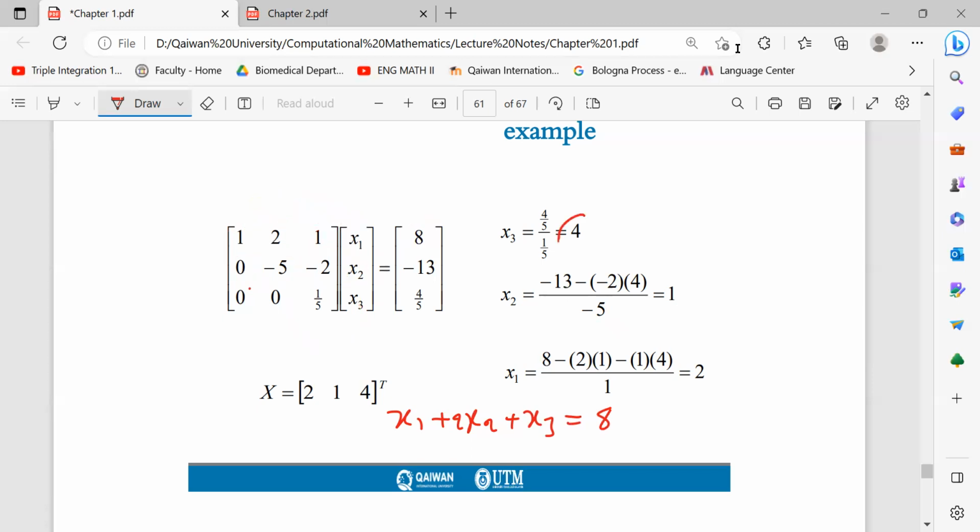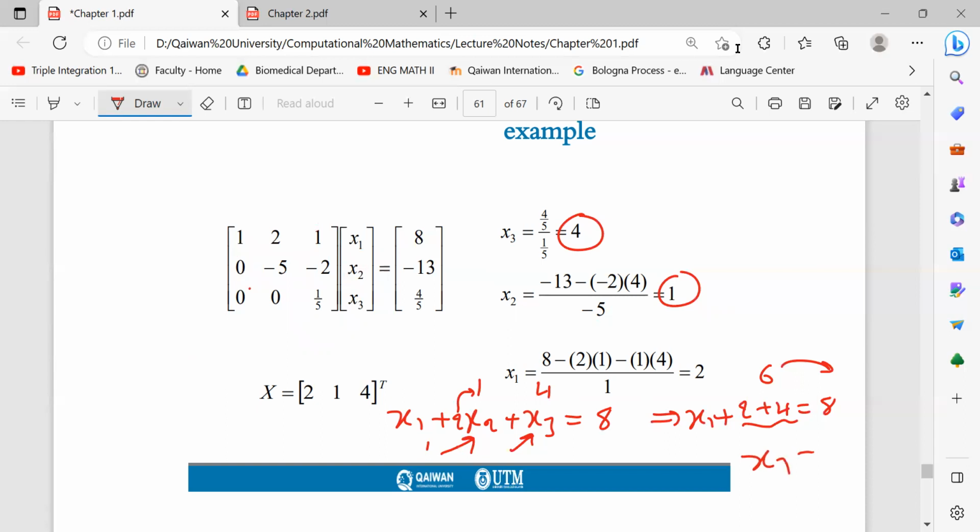We already found x3 is 4, x2 is 1. So you replace this by 4 and this by 1. 2 times 1 is 2, plus 4 equals 6. Moving to the other side becomes minus 6. 8 minus 6 is 2. So x1 is 2. That's it.